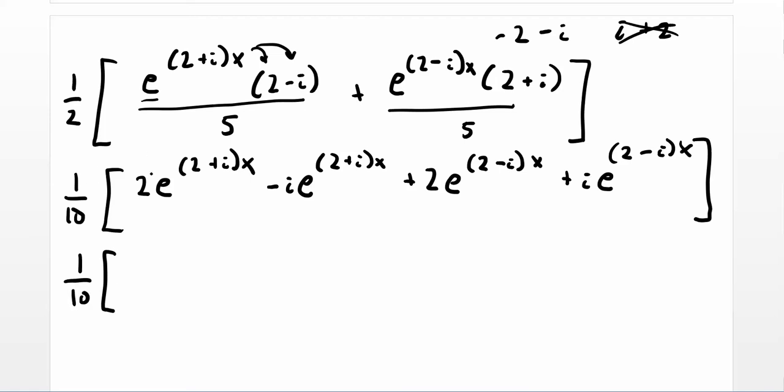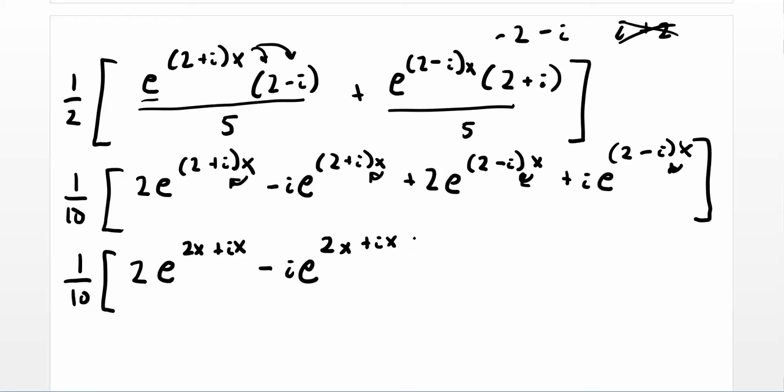So at this point, I'm going to redistribute these x's back in. And so I'll get 2e to the 2x plus ix, minus i e to the 2x plus ix, plus 2e to the 2x minus ix, plus i e to the 2x minus ix.